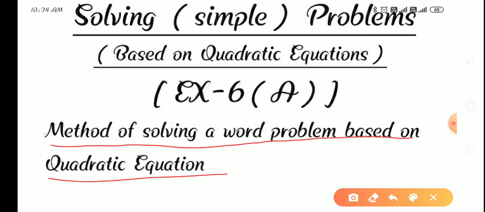So first of all, what is the method? You see here, suppose a word problem is given. In the word problem, what you have to find, the unknown thing, you suppose as x.